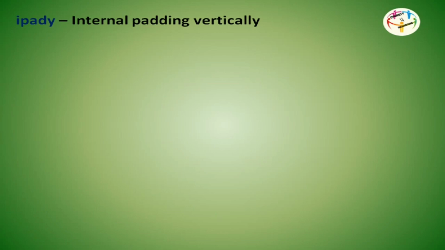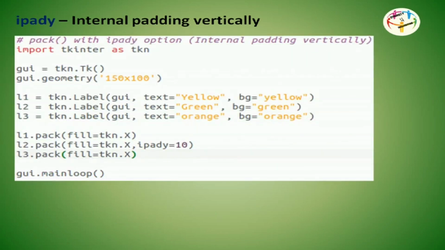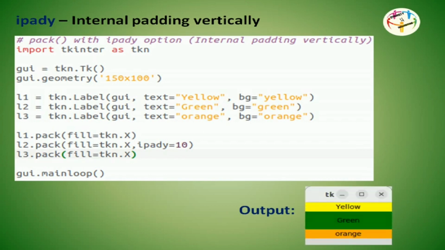Similarly, internal padding vertically means ipady. So in this example, out of these 3 labels, ipady is applied to label 2, and this is the effect. Here this vertical padding is represented by the ipady equal to 10 option.